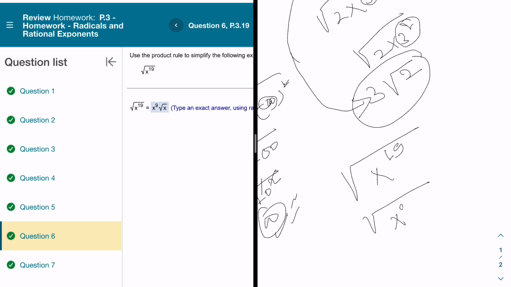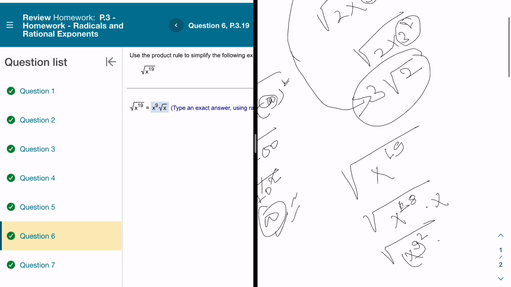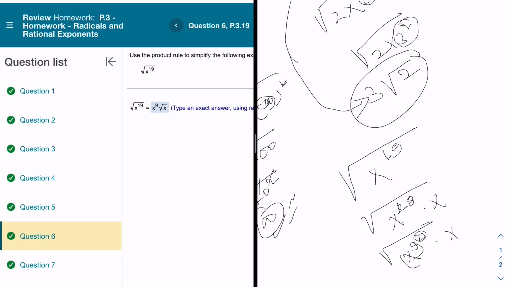So we can write it as x^18 into x, right? Then we will write it as (x^9)^2 into x. Now we have a square here, so this term will go out of the square root, and now this is the expression.